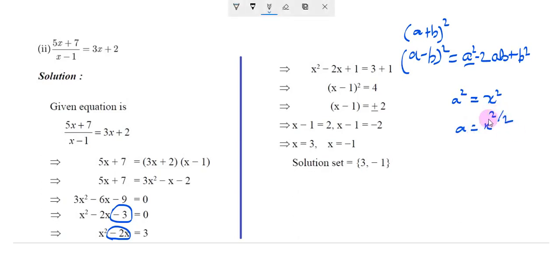Understood? Okay, this we say that taking square root on both sides, so both are the same way, so that I say a equal to x. Understood? Next minus 2ab, so minus 2ab equal to minus 2x.